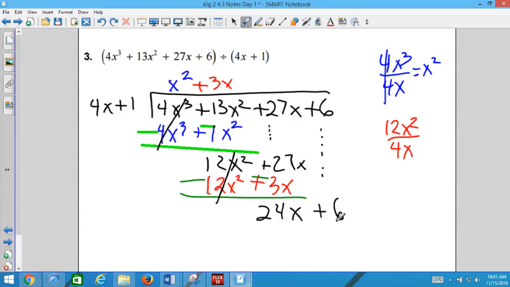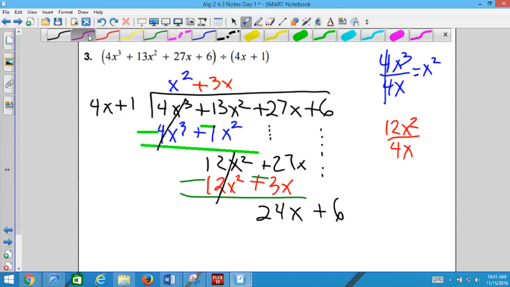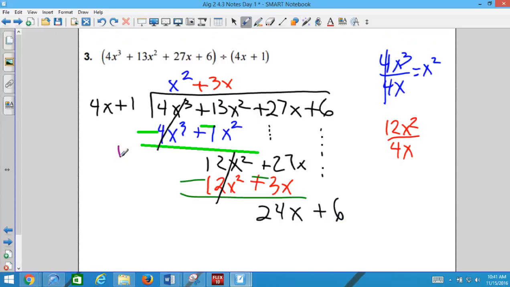Repeat the process, same thing, over and over again. Oh my gosh, it's so fun. 24x dividing by 4x goes in how many times? 6. So we distribute, and we get 24x plus 6.